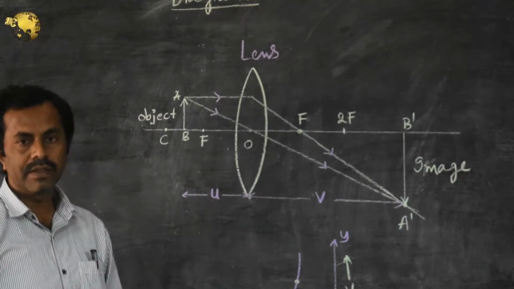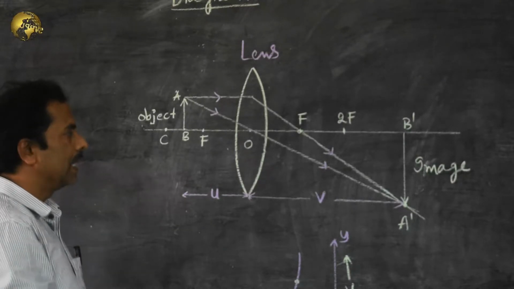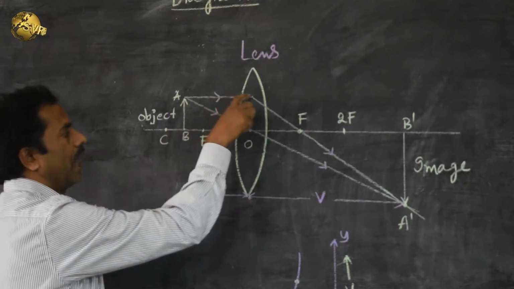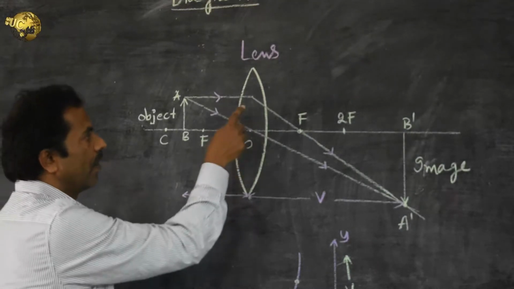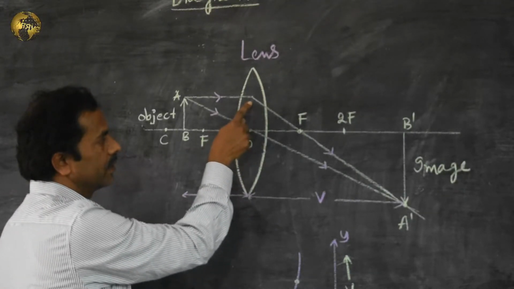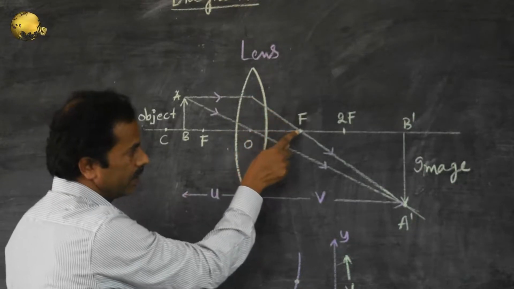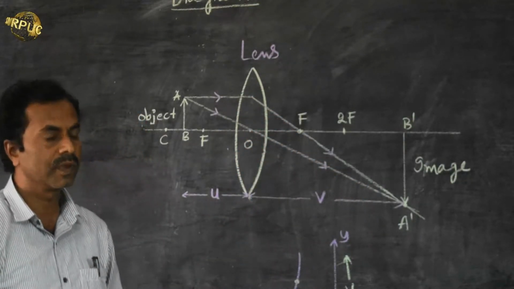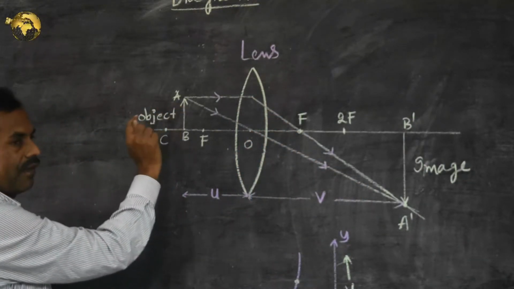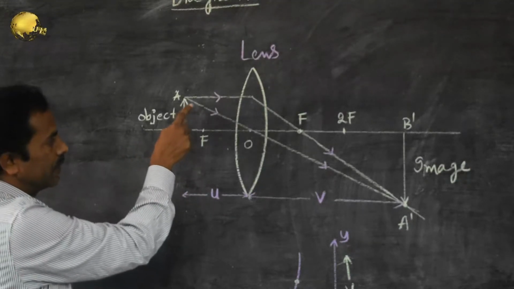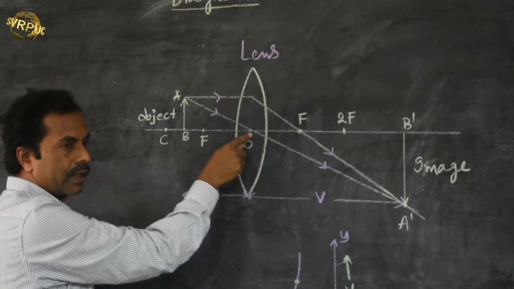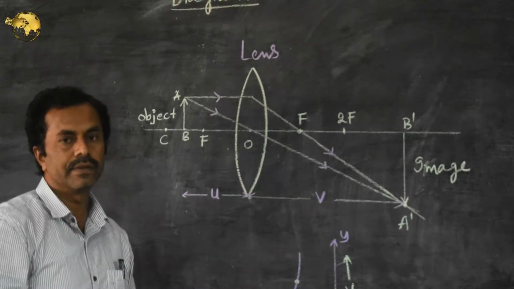The ray of light parallel to the principal axis, after refraction from the lens, passes through the principal focus, and the ray of light which passes through the optical center goes undeviated.